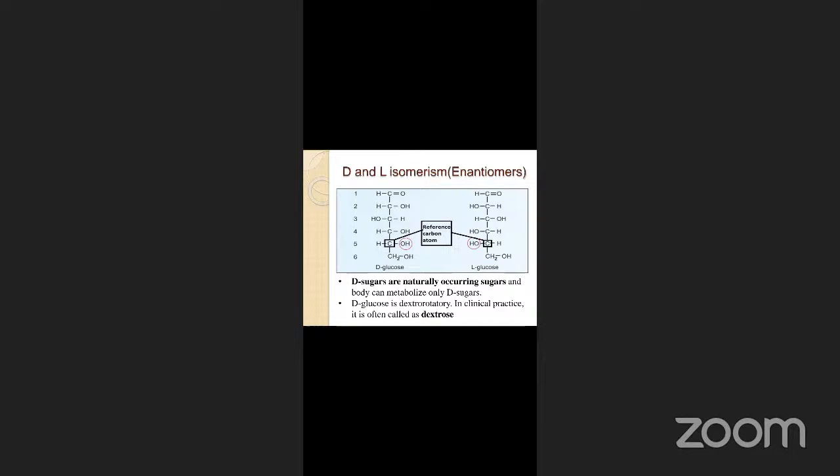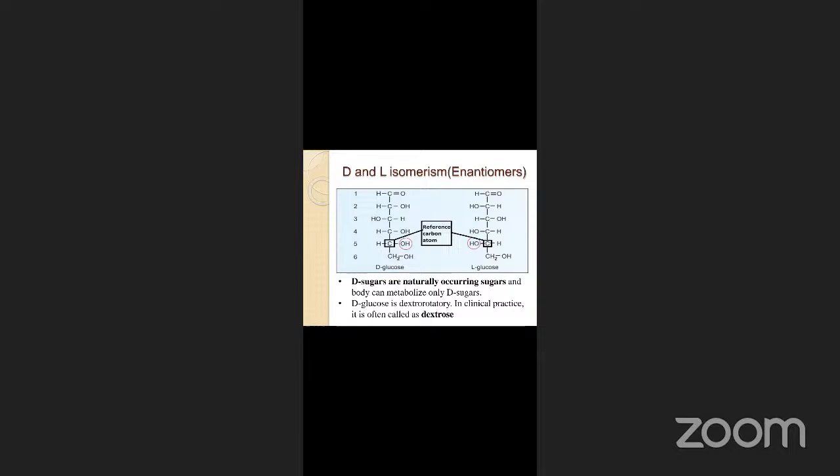D sugars are called dextrorotatory. If you take a carbohydrate sample and pass plane polarized light through it, and the light rotates towards the right side, that is called dextrorotatory. If it rotates towards the left side, that is called levorotatory.